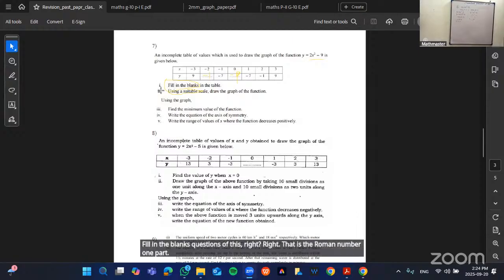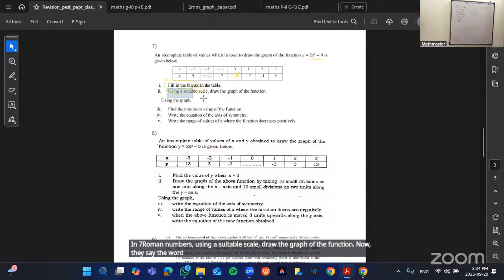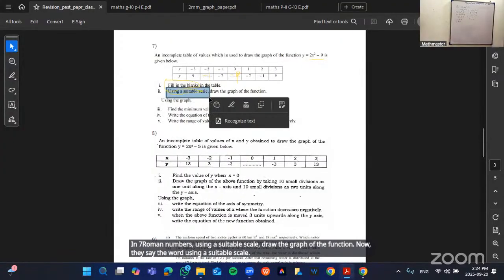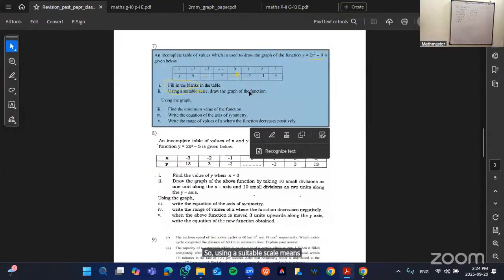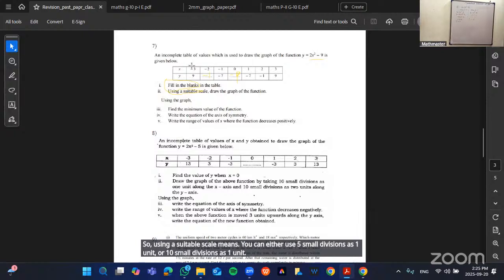Then the second Roman number: using a suitable scale, draw the graph of the function. Using a suitable scale means you can use either 5 small divisions as 1 unit or 10 small divisions as 1 unit. See the range.